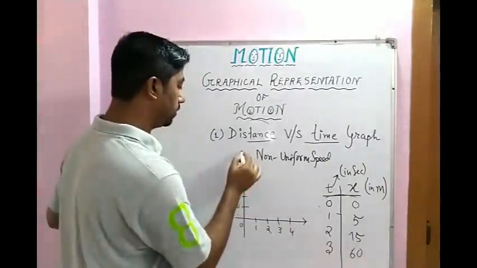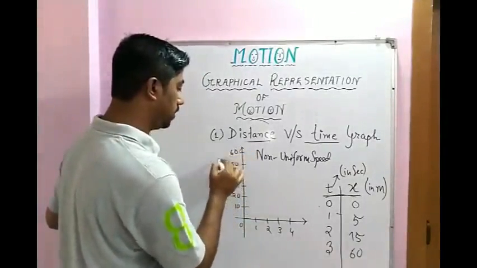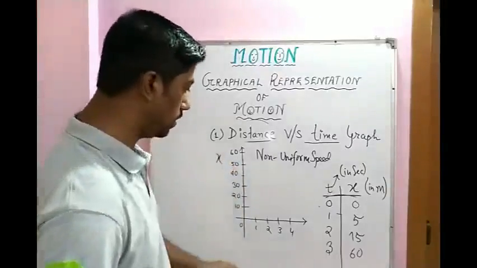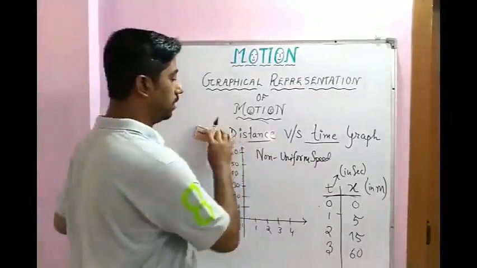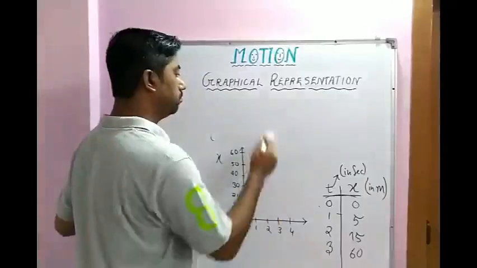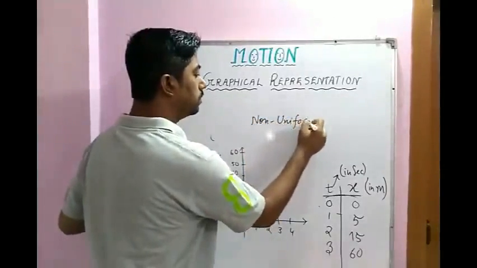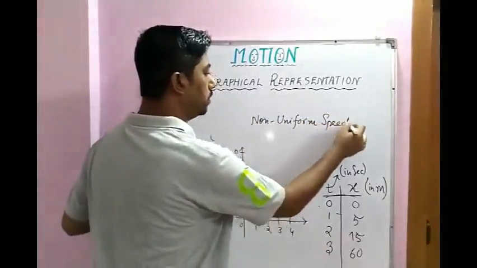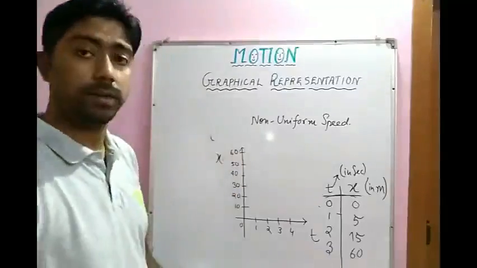I'm running out of space. 60. So this side we have plotted distance. Remember the graph is for non-uniform speed. This side we have time, this side we have distance.